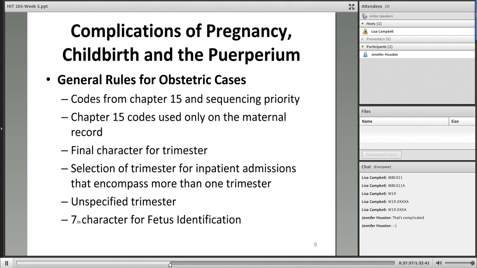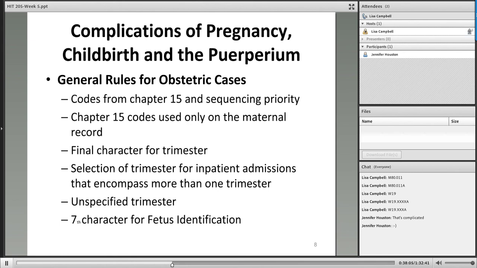So surely one of those babies had some type of complication, right? Well, in ICD-9, we couldn't show which fetus actually had a complication. Well, in ICD-10, we actually can show that. So it's so awesome that these codes can show that. But anyway, so if it's a single gestation, we just assign a character of 0.